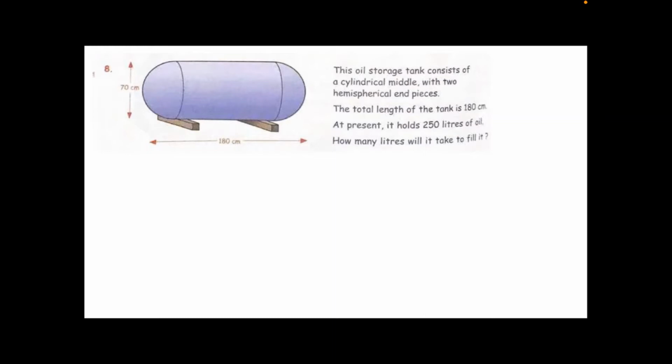Finally, we've got question number 8, and we are told that our storage tank consists of a cylindrical middle and 2 hemispheres. But if we've got 2 hemispheres, that's actually going to make one whole sphere. So this time what we can do is just the volume of our cylinder and the volume of our full sphere.